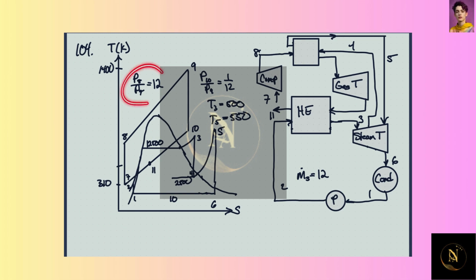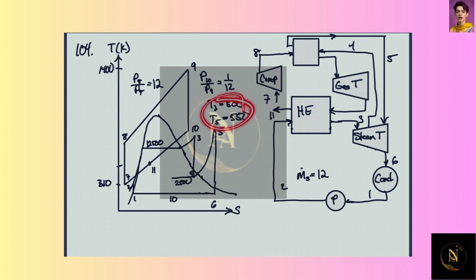So let's see here. We have a pressure ratio in the compressor of 12 times the pressure here as we do here, and then 12 times the pressure here as we do here. This is all at atmospheric pressure here. What else do we know? Coming in, we have 310 Kelvin into the compressor. Into the gas turbine, we have 1,400 Kelvin.